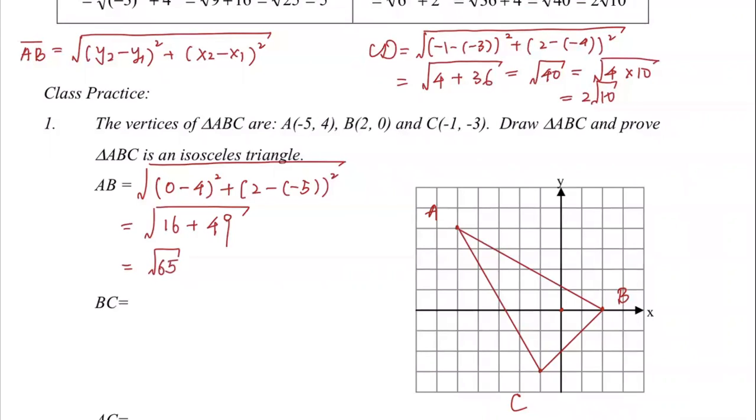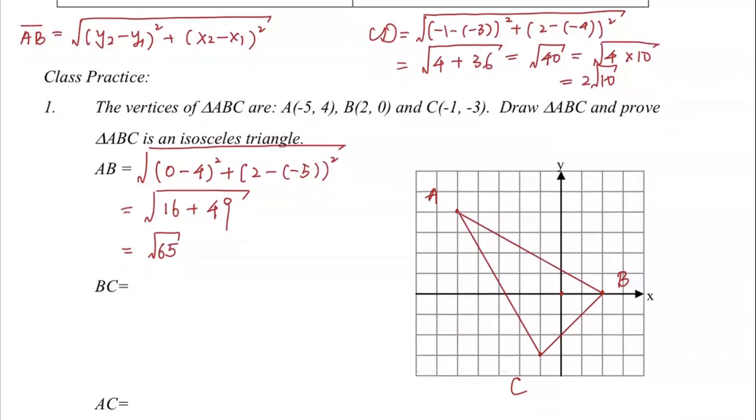Okay. So for questions like this, the square root of 65, you can't really simplify this number any further, right? Because 65 is equal to 5 times 13, and there's no perfect square in the factors.